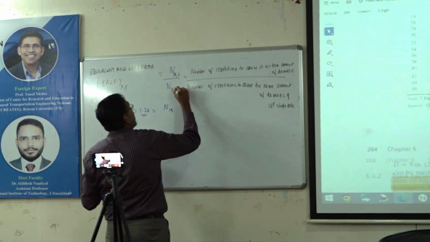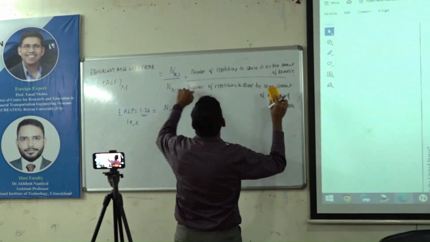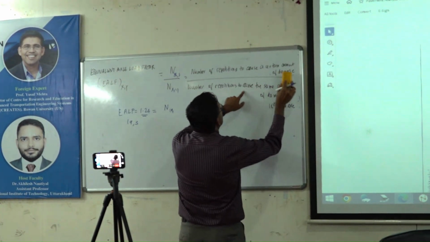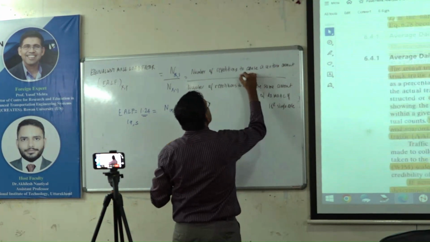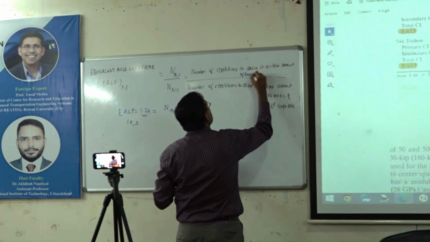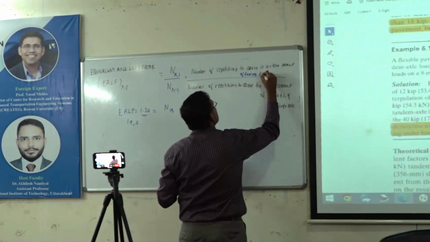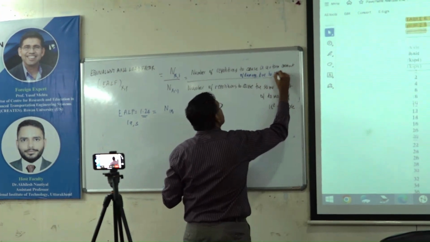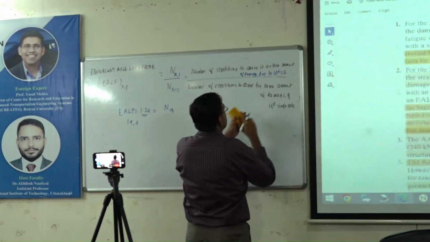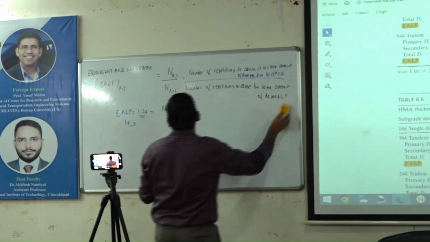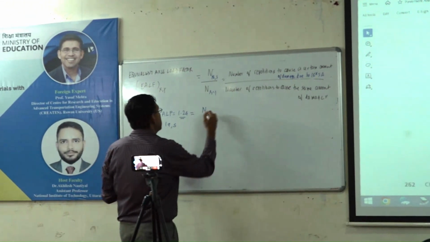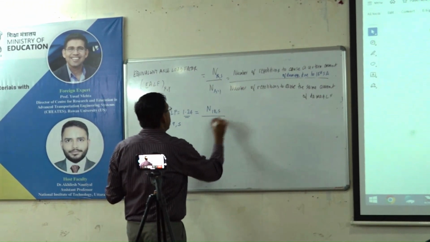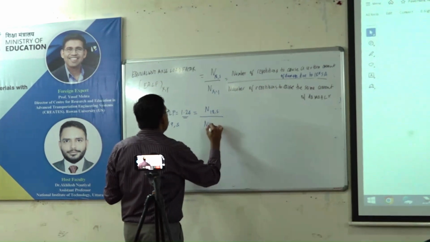N18SXY, and I'm going to just change this number of repetitions to cause a certain amount of damage. Damage due to 18 kip single axle. Same amount of damage. Okay, right here. So it's given by N18S divided by N19S.